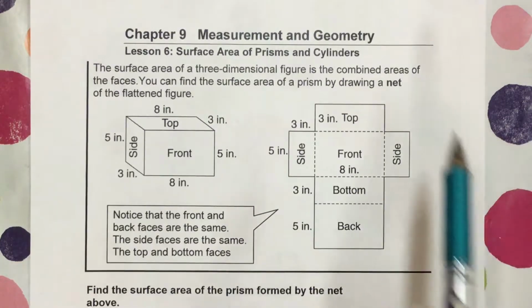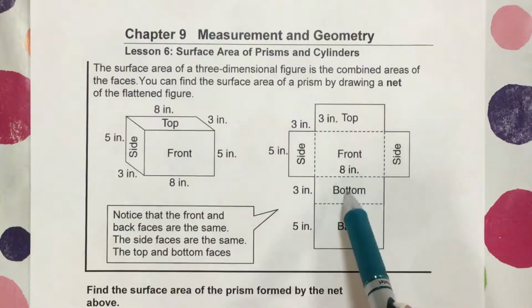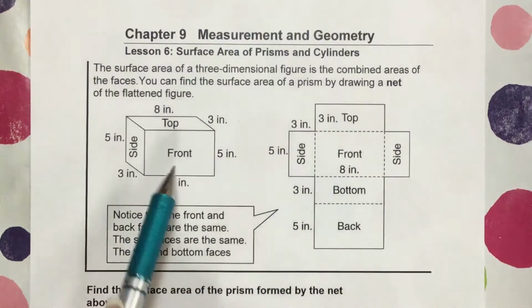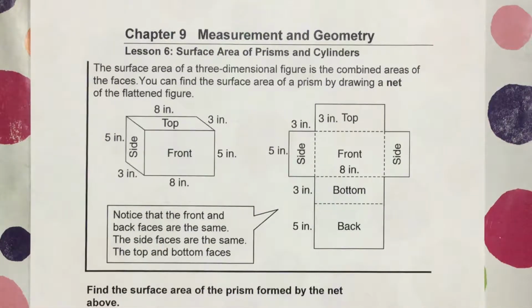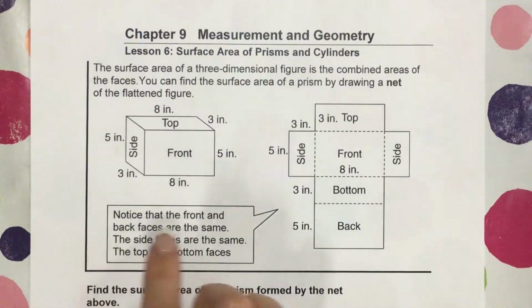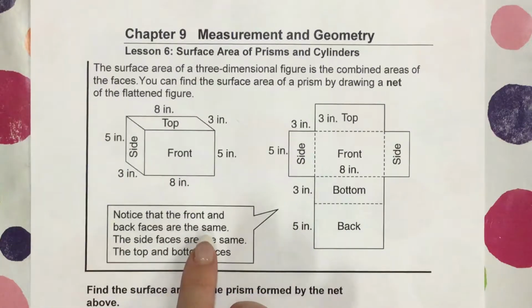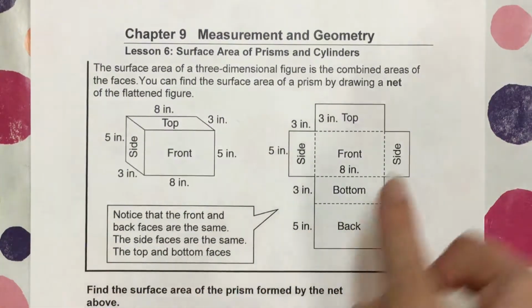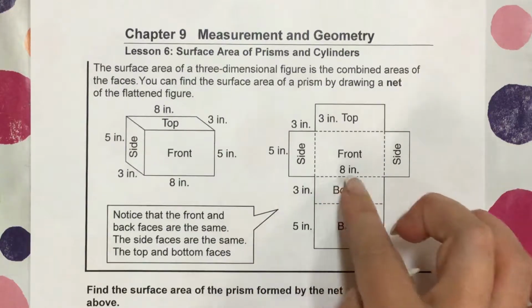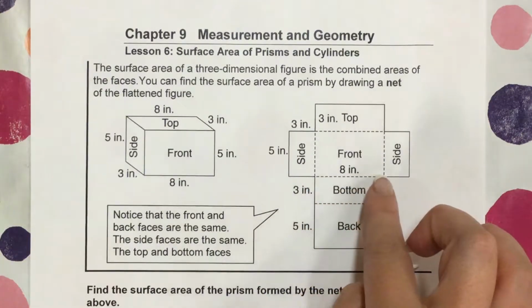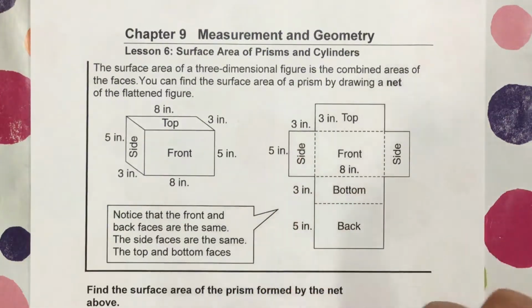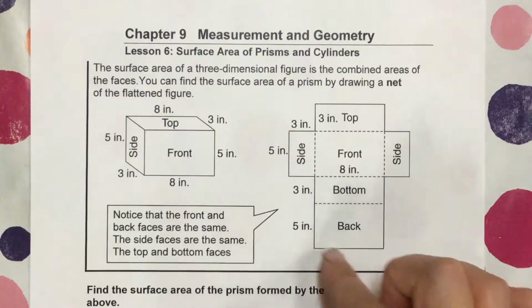So in total, there are 6 faces in this entire rectangular prism. That means we need to find the area of each one of the 6 faces. So notice that the front and the back faces are the same. So if you look here, the front is 8 centimeters by 5 centimeters, and the back is 5 centimeters by 8.